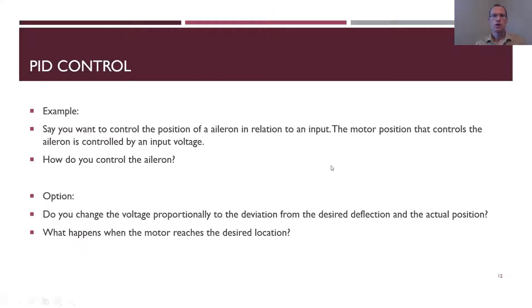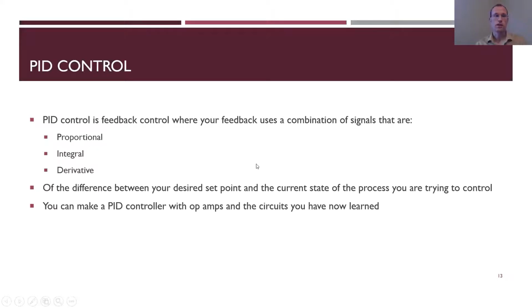And so the way this is done a lot is with what's called PID control. PID stands for proportional, integral, and derivative. So you're using one of those three types of op-amps to give the signal that you want to make the motor do what you want.